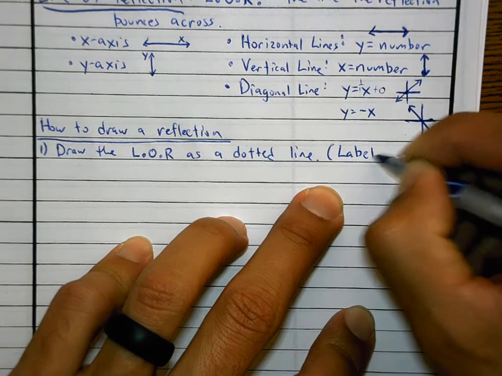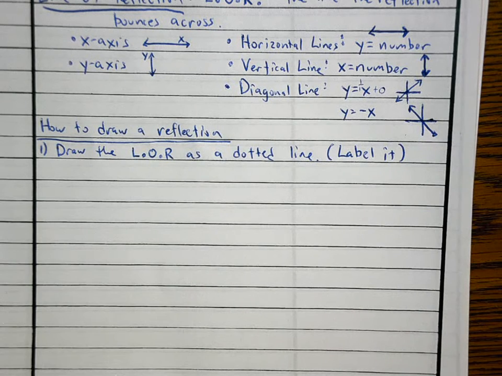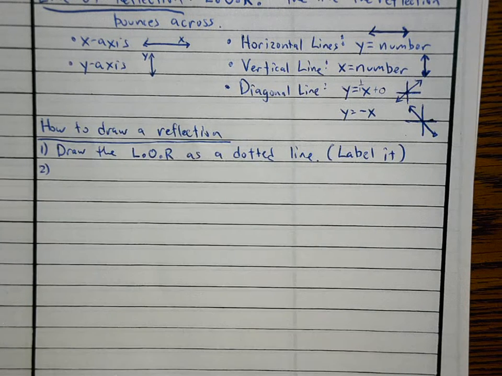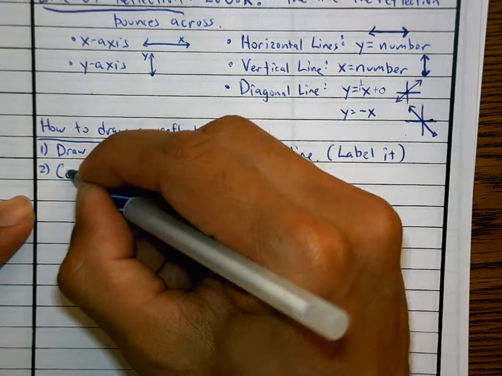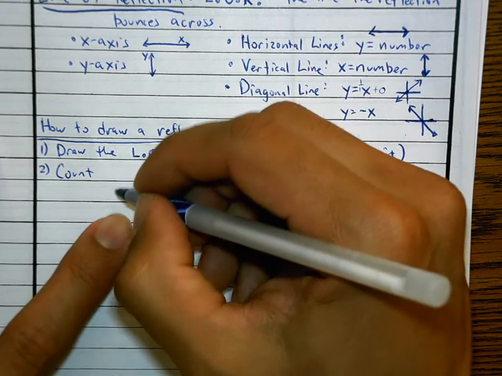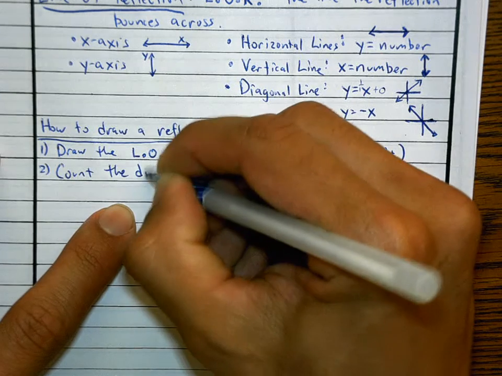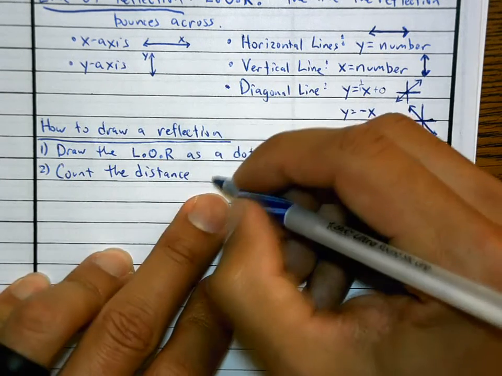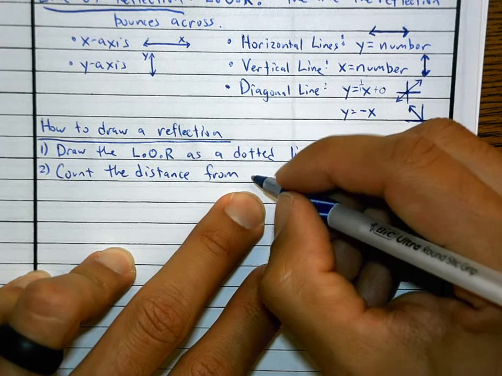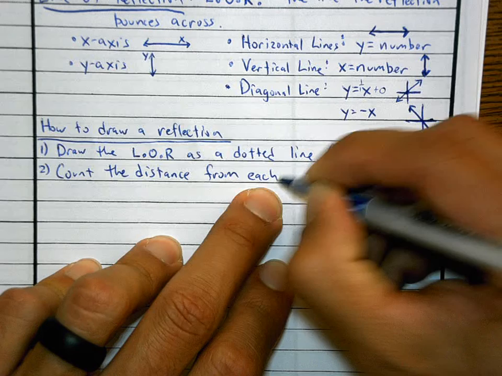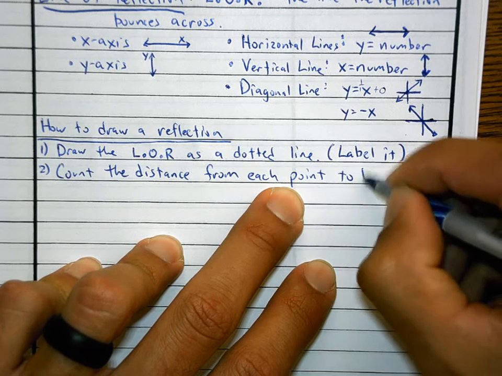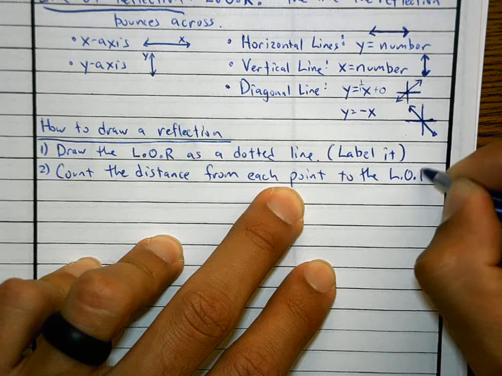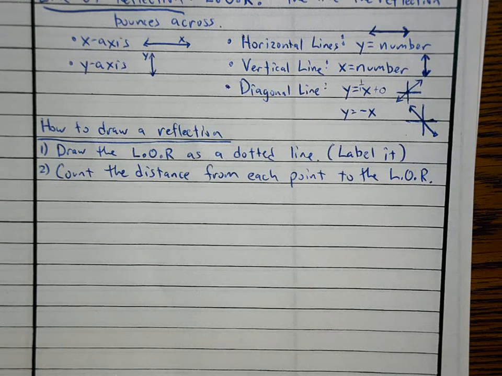Please label it. The second thing we do is count the distance from each point to the LOR.